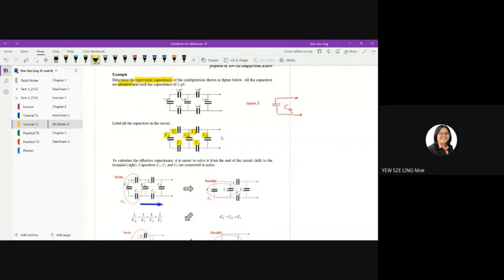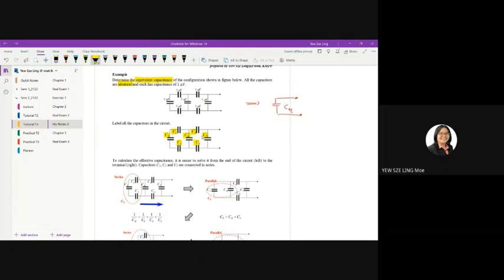Why? If you label your diagram and use a symbol in your calculations, when you recheck your answer, you can identify where the mistake is easily. But if you didn't label it and just use the values in your calculation, it is quite impossible for you to detect the mistake.